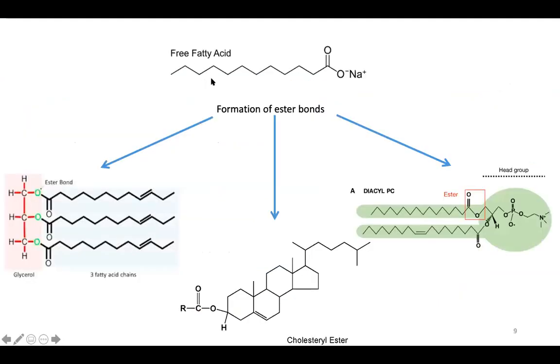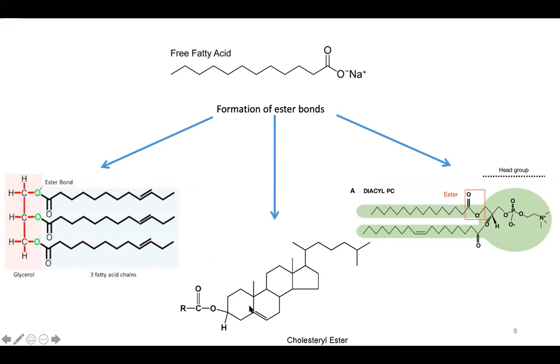Another thing I want you to understand is that when I have my free fatty acid in this form, it's able to bind to albumin and be transported like that. However, if I form an ester bond with my fatty acid, so for example, over here I have my fatty acid and it formed an ester bond with my glycerol, and I form a triglyceride, then I need to package this inside of my lipoprotein.